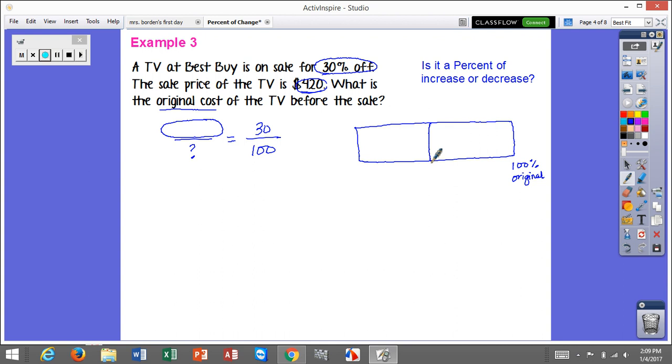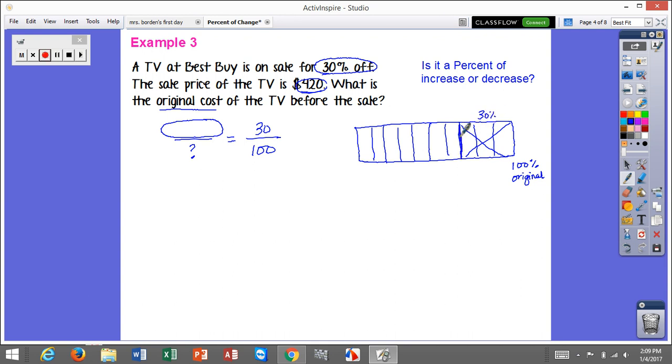So we're going to put 10 bars. So cut it in half, and then each half we're going to cut into 5. Okay, so now we have 10% chunks of the price. Okay, we're taking 30% off. So 3 bars gets taken off. These 3 bars right here. This is 30% of the price.